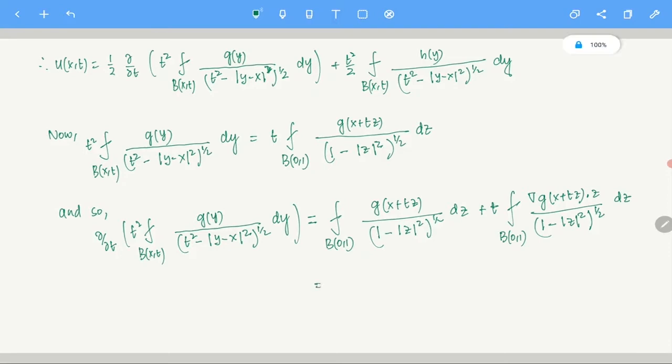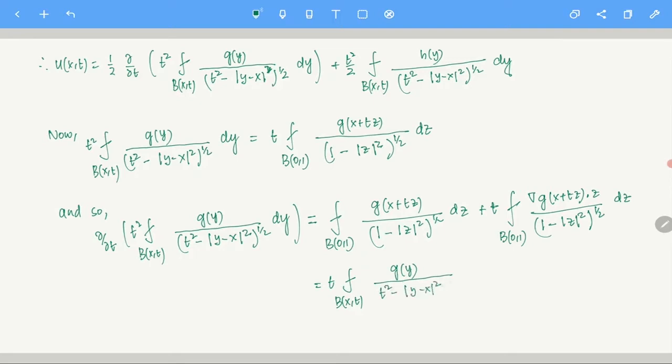So this is given by t times the average over B(x,t) of g(y) by t square minus |y minus x| square whole power half dy.